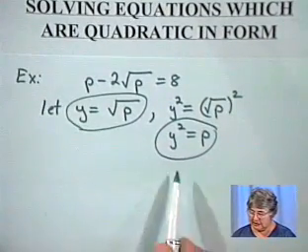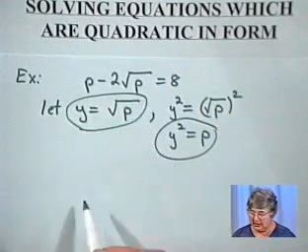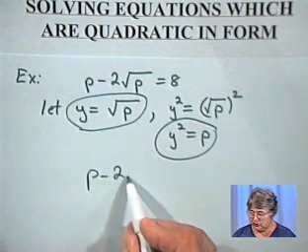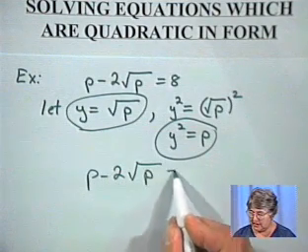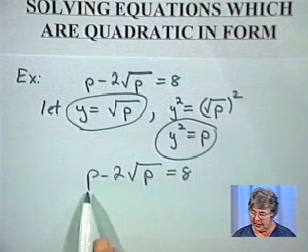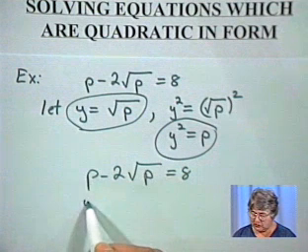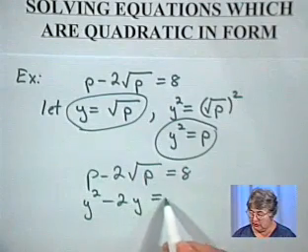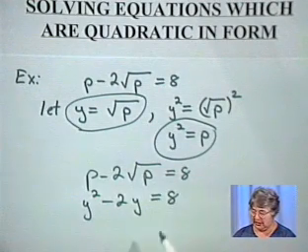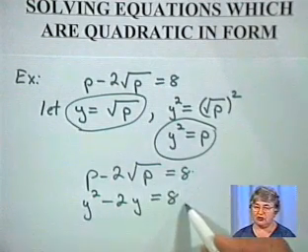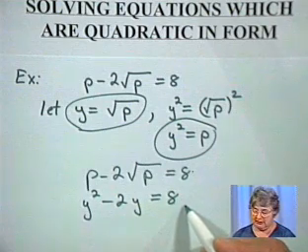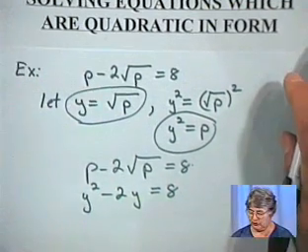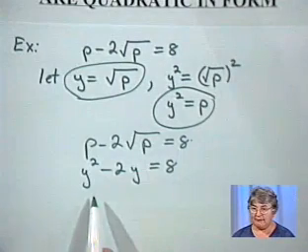Let's substitute these into this equation, which is p minus 2 times the square root of p equals 8. p is y squared minus 2y equals 8. We have transformed this radical equation into a quadratic equation in terms of the variable that we're using as a substitution, which is y.